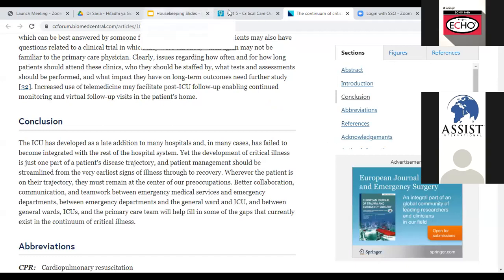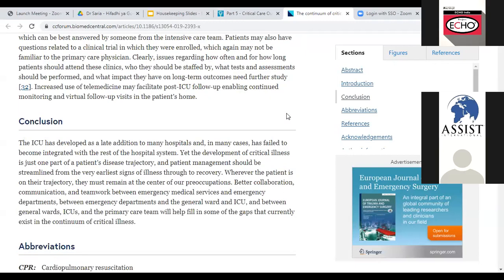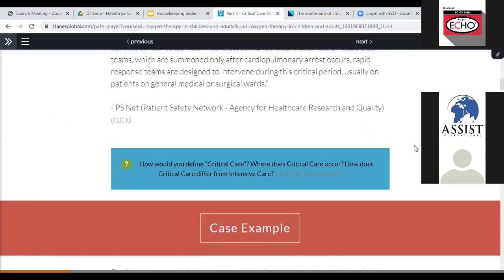So what you are giving is critical care. It can be in terms of airway management, vasopressor, fluid, resuscitation. So you are doing something to prevent that patient from succumbing or from dying. You are preventing that patient from getting too much complication from that condition. So that we call critical care.